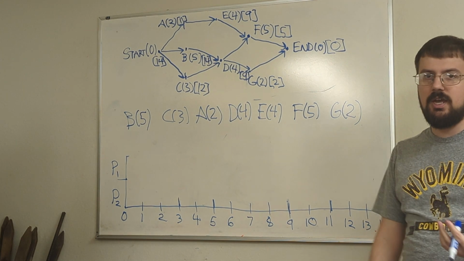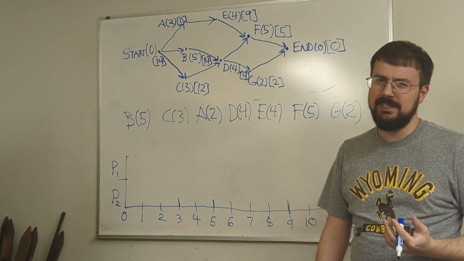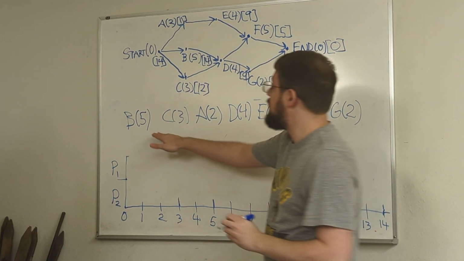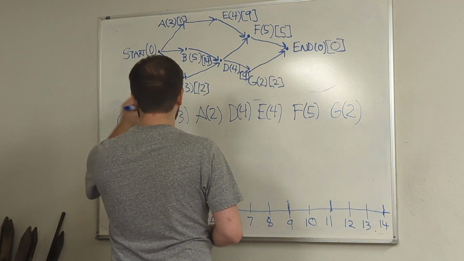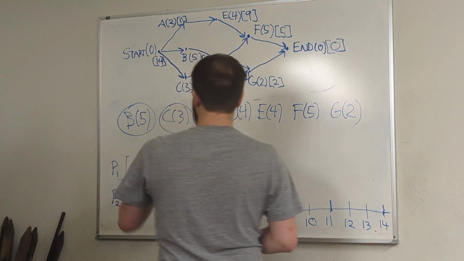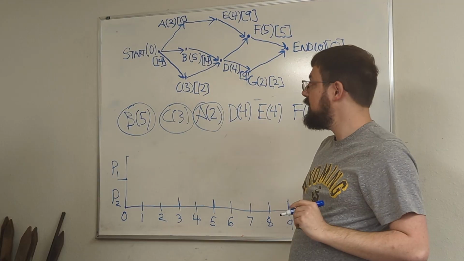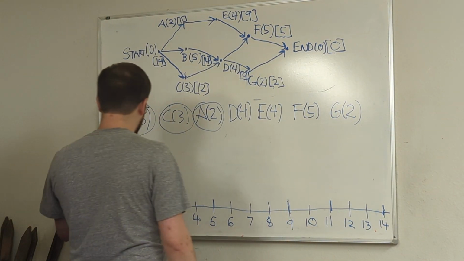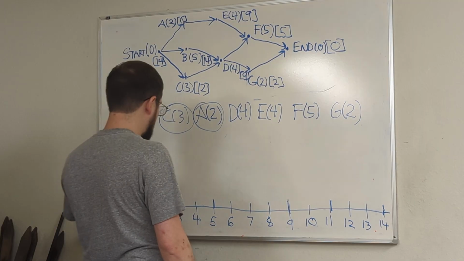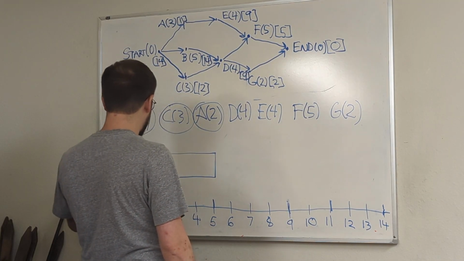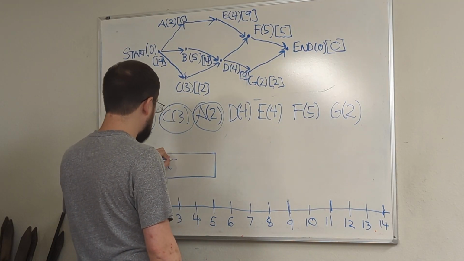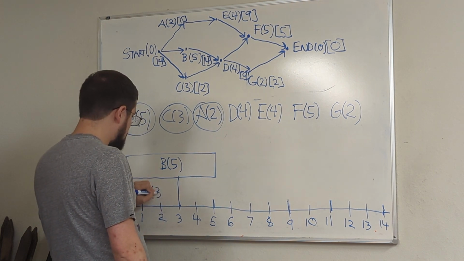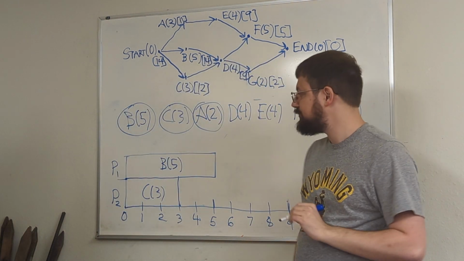So now we're going to make the schedule in basically the same way that we have in the last couple videos. From the beginning, B, C, and A are ready from the get-go. So our priority list says that B and C should be first. So we're going to give B to P1, and then C to P2.